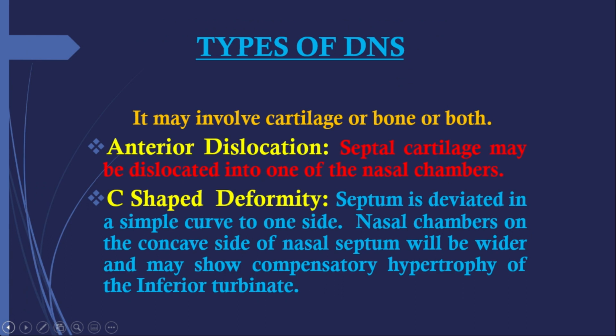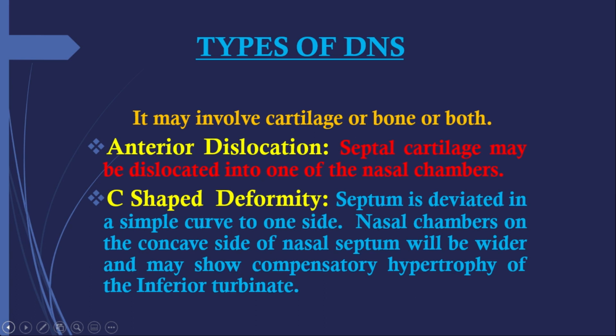Talking about the types of DNS, there are quite a few types one can talk about, and it may involve the cartilage or bone or both. One has an anterior dislocation of the septum, that is, the septal cartilage may be dislocated into one of the nasal chambers, and that anterior dislocation can be a caudal dislocation into the columella.